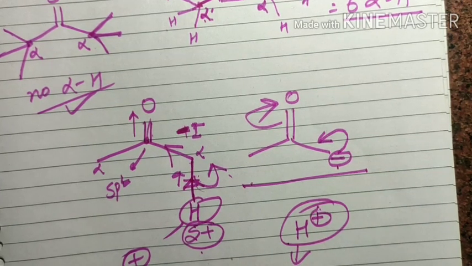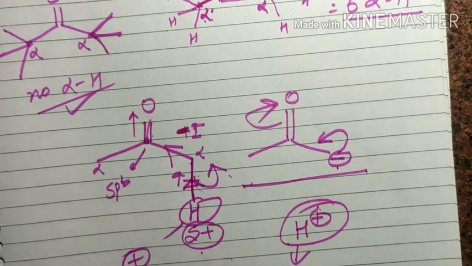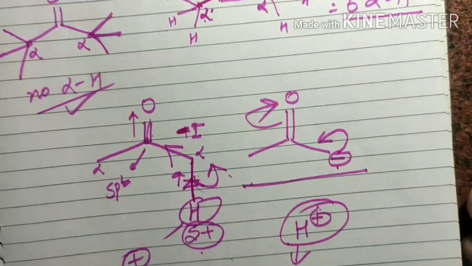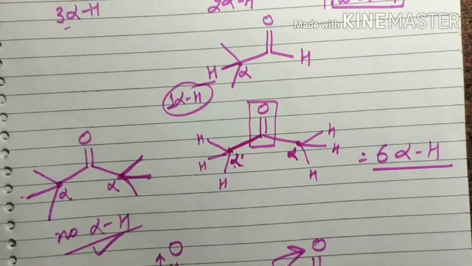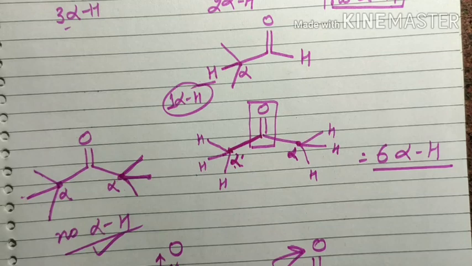So the overall conclusion is that alpha hydrogen of a carbonyl compound is acidic. Acidic means it may lose H plus ions. After discussing all these points, you get that alpha hydrogen of a carbonyl center is acidic, and it may be lost or abstracted by a mild base also.